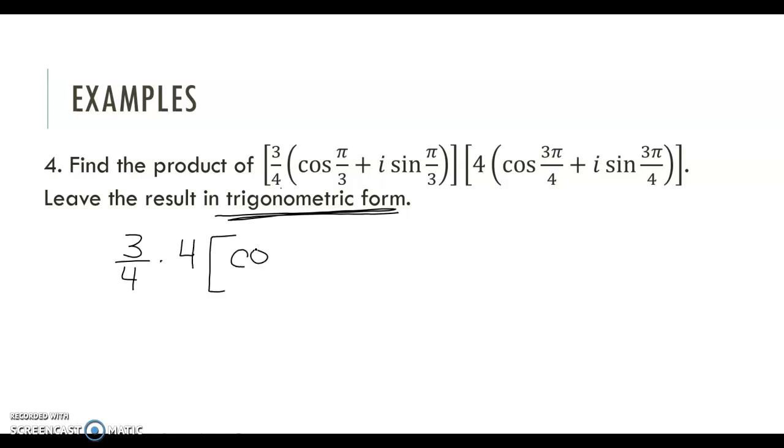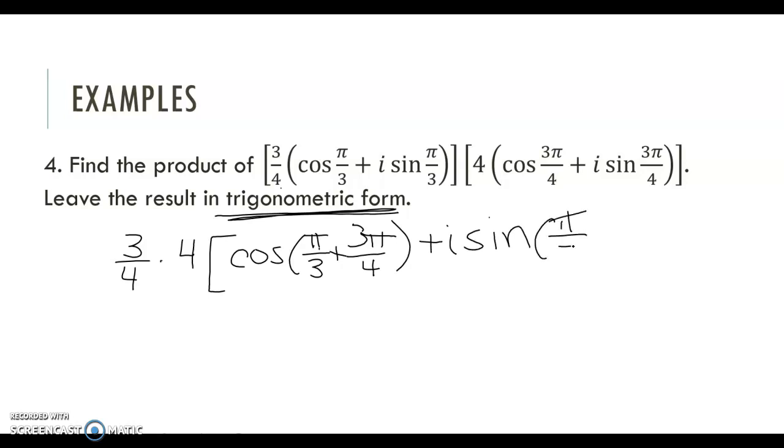And then we are going to add our theta values. So pi over 3 plus 3 pi over 4 plus i sine pi over 3 plus 3 pi over 4.